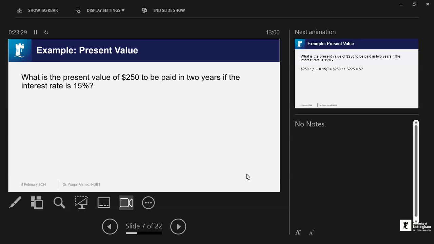Can you work out the present value for this? I'll give you like 30 seconds to do it. Okay, so if I say you need to do it, you do it, right? I know you know it, but let's do it so that you can provide me with an answer.